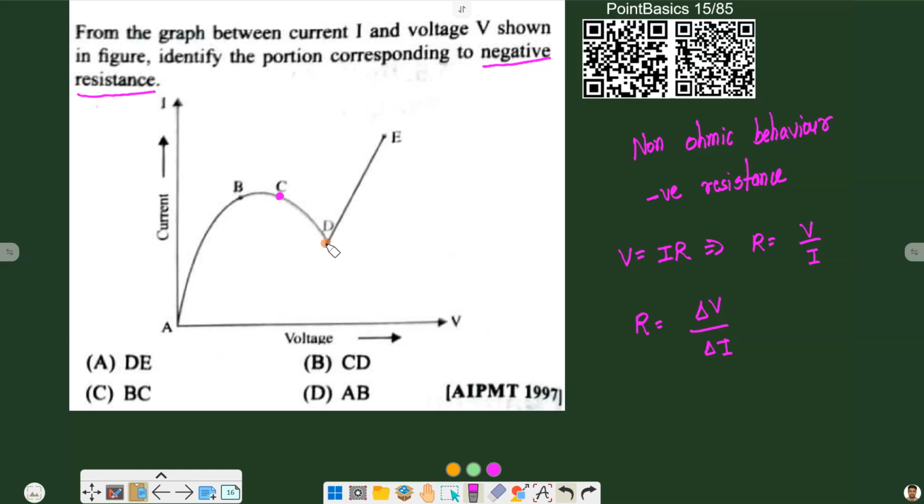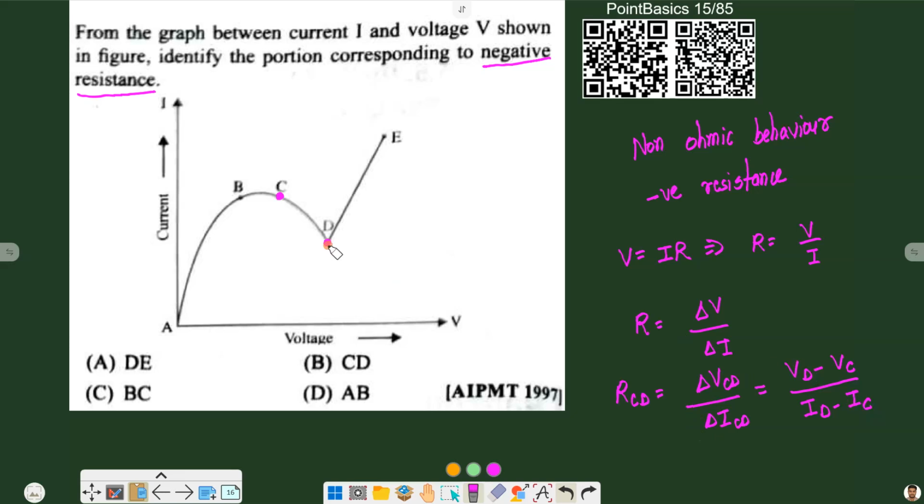This is point C and this is point D. We can say RCD, where C is the initial point and D is the final point, will be delta VCD by delta ICD. Delta VCD will be VD minus VC, and delta ICD will be ID minus IC.